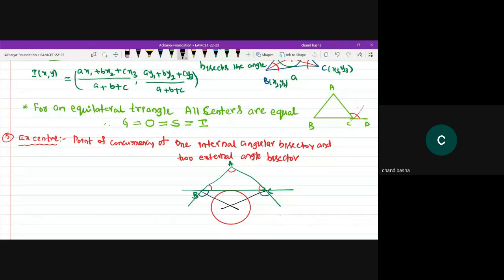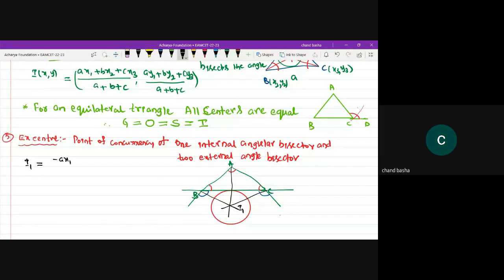These two are external angles, and this one is internal. So here we are taking from vertex A, so it is denoted by I1. Just I can write the formula for I1 only.